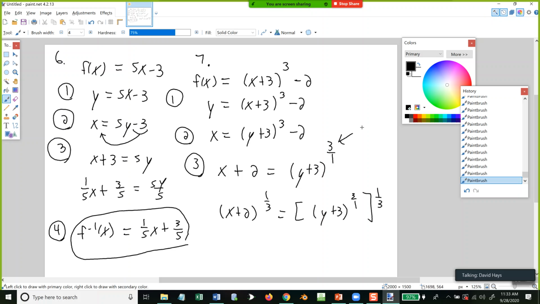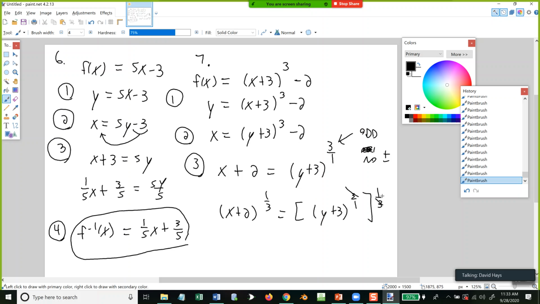Now, if you remember those, we had to put a plus or minus on some of them. If you have an odd number on top, that means no plus or minus. If this had been a 4th power here, y plus 3 to the 4th power, we would have had to put a plus or minus on the other side.